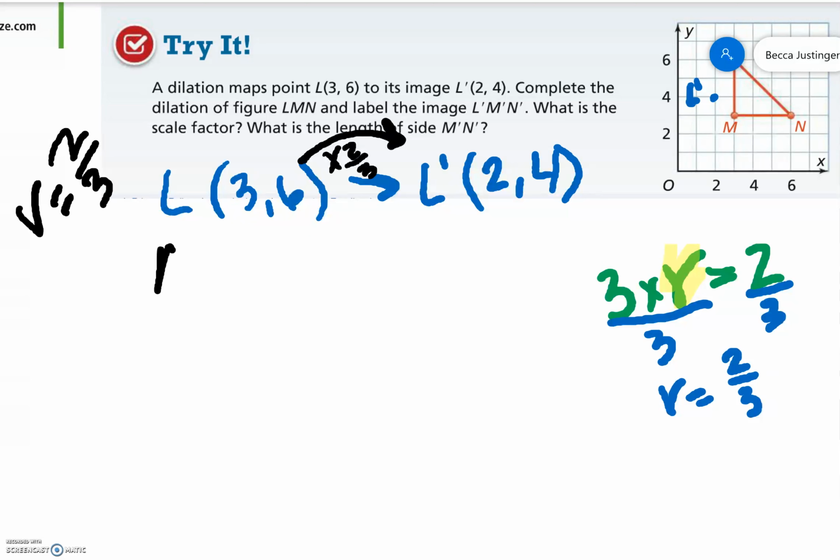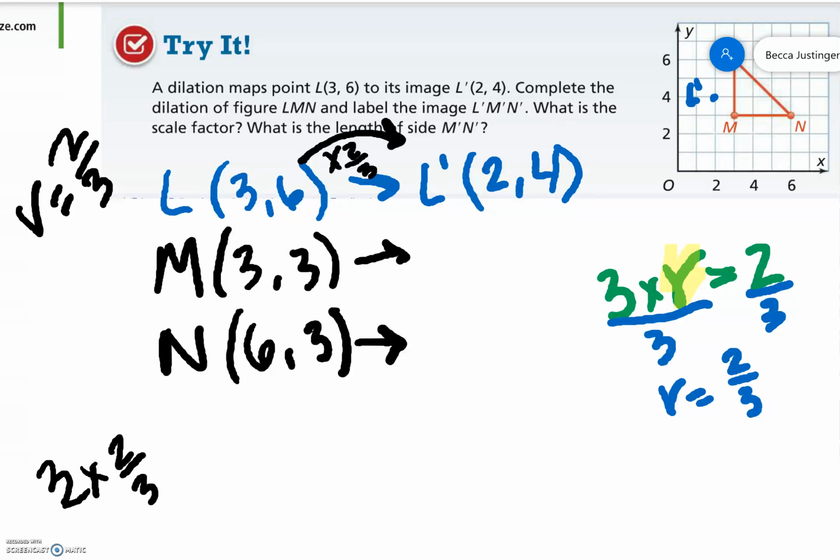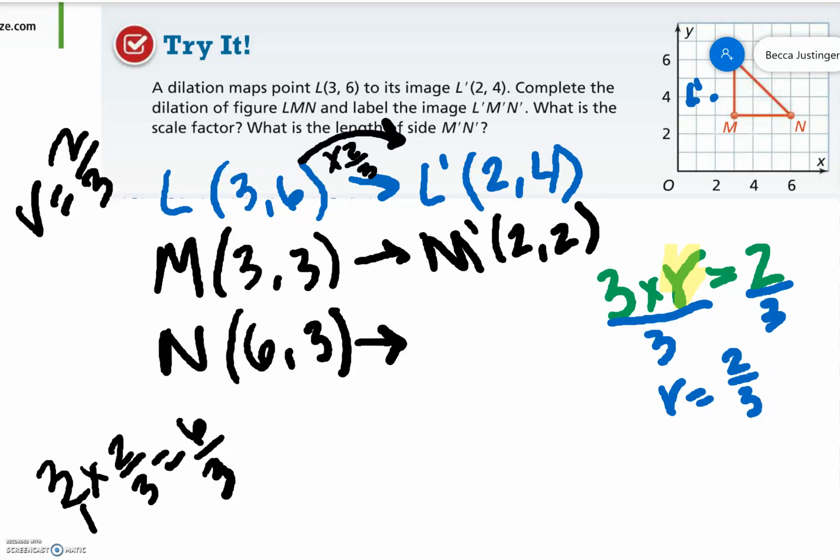So every point, let's see, we've got M is 3, 3. And N is 6, 3. So I want to find the points of M prime and N prime. So I'm going to do 3 times 2 over 3. Put that 3 over 1, multiply straight across. That's 6 over 3, which reduces to 2. So M prime is going to be 2, 2. And we already know that 6 turns into 4.